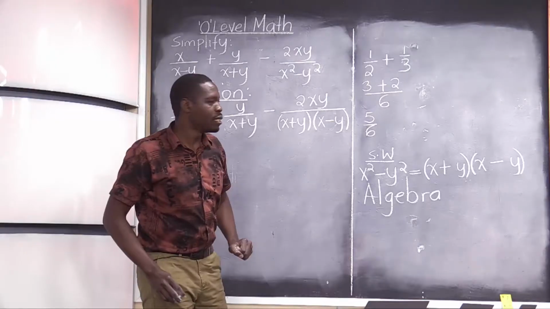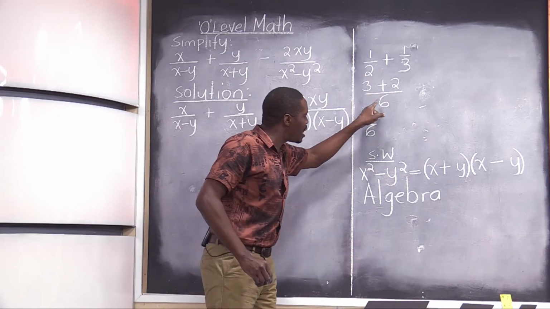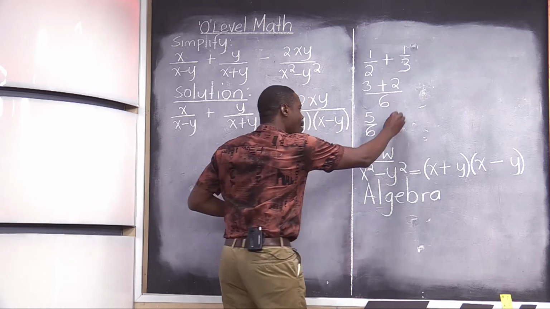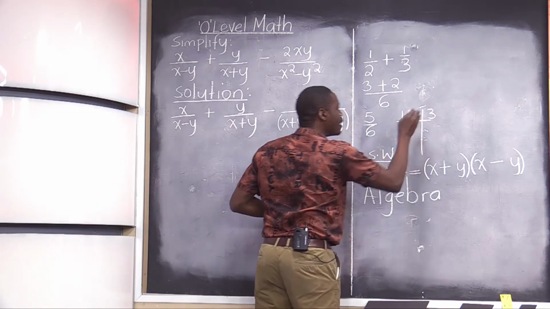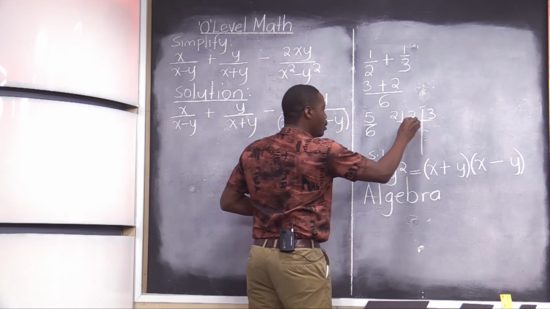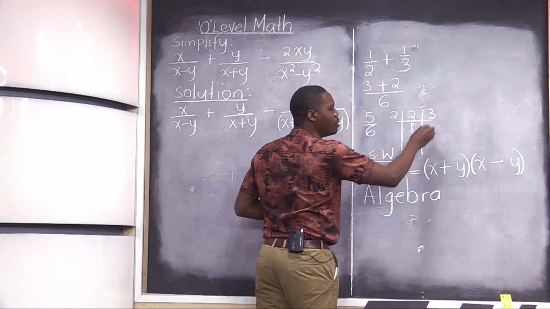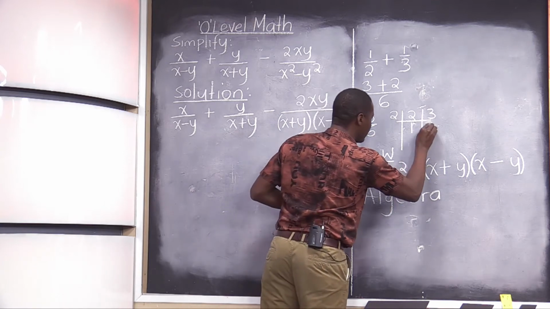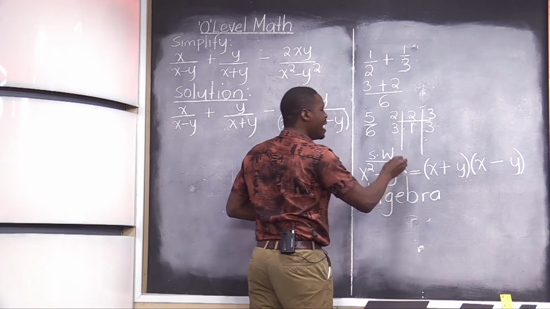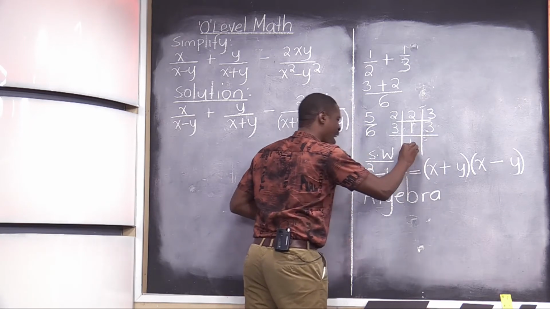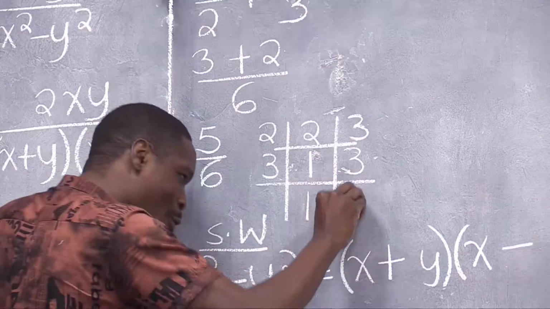How do we do that? Remember, in getting the LCM of 2 and 3, we wrote the 2 and then the 3. Then we said by 2, 1. By 2, not possible, so we leave a 3 there. By 3, we remain with a 1.